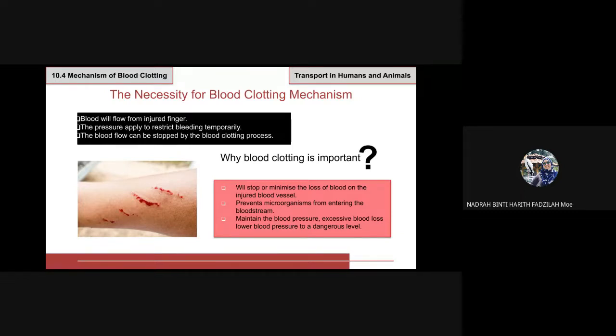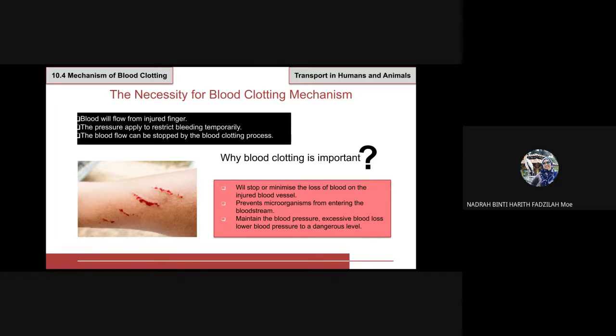Dan kita tengok dalam video tadi, kuman tadi yang warna kuning apa semua tu dia tak boleh panggil dia punya nakama dah kan. So it prevents microorganism from entering the bloodstream lah. Siapa yang dah masuk tu will be dealt with white blood cells, yang microorganism lain dah tak boleh masuk. And then of course when the blood stays inside the blood vessel, it will maintain the blood pressure lah. Sebab bila darah keluar daripada badan kita, the amount of blood will be reduced, volume of blood will be reduced.